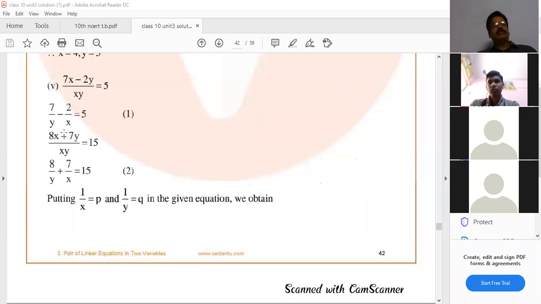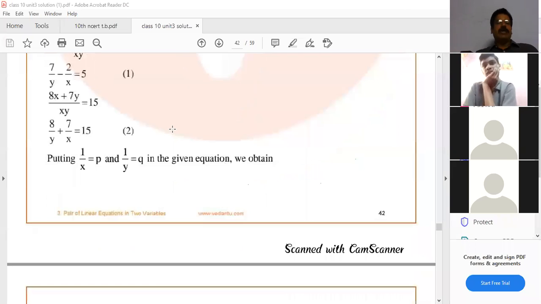Split, 8x by xy plus 7y by xy. x cancel 8 by y, y cancel 7 by x. 8 by y plus 7 by x equal to 15. And now in place of 1 by x, p you are putting, in place of 1 by y, q you are putting. Then what we obtain, now our new equations are, slowly.